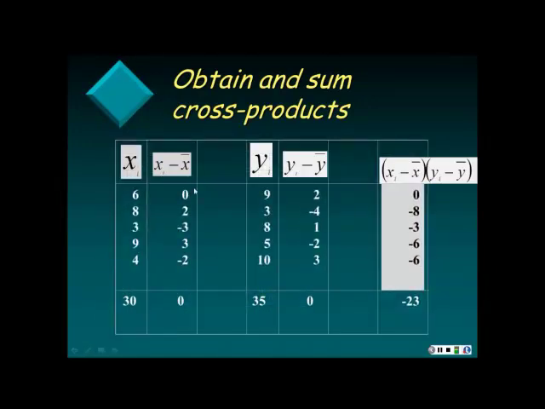So in the first one, 0 times 2 is 0. 2 times minus 4 is minus 8. Minus 3 times 1 is minus 3, and so on. And then I'm going to sum those. That minus 23 is the sum of the cross products.